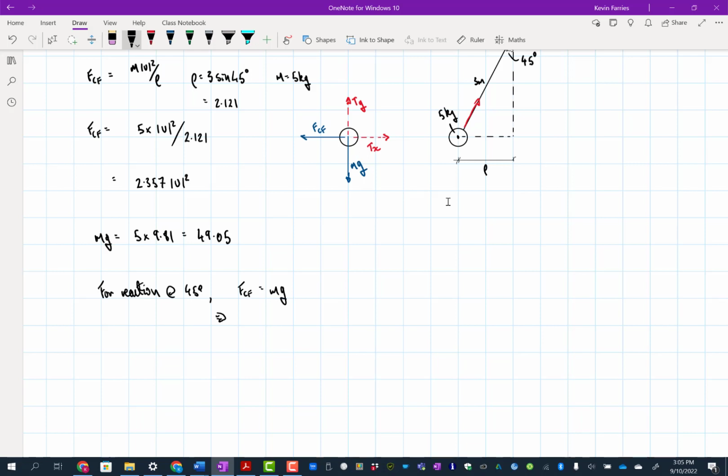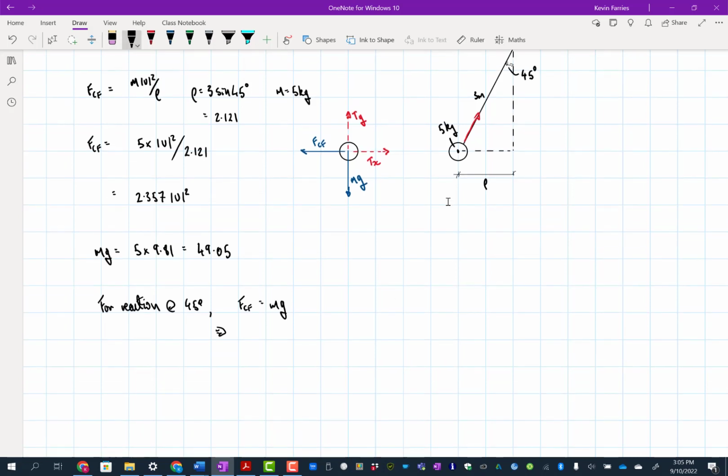That means that 2.357 times the speed squared must be equal to 49.05. Therefore, the velocity must be equal to 49.05 divided by 2.357, which is equal to 20.81, and then we'll take the square root of that.